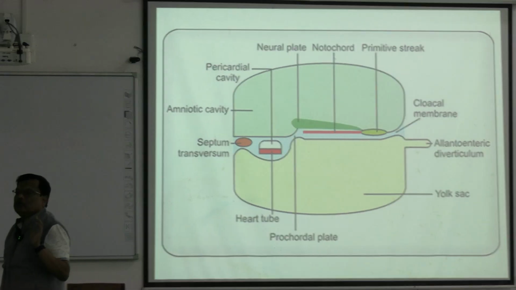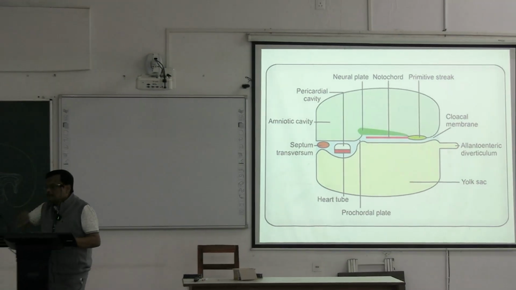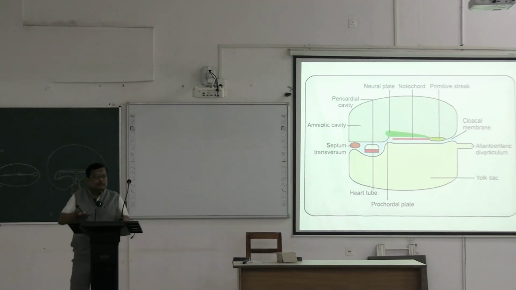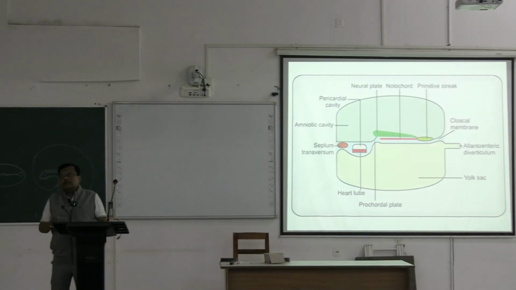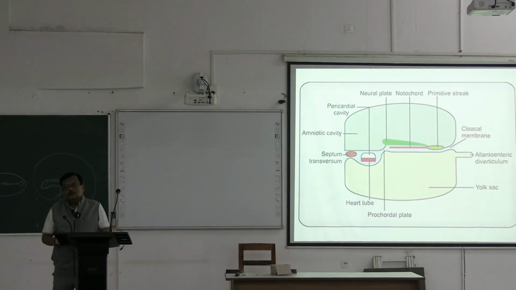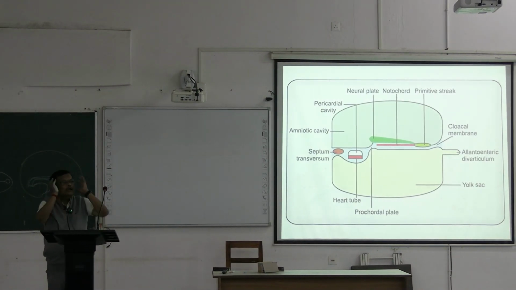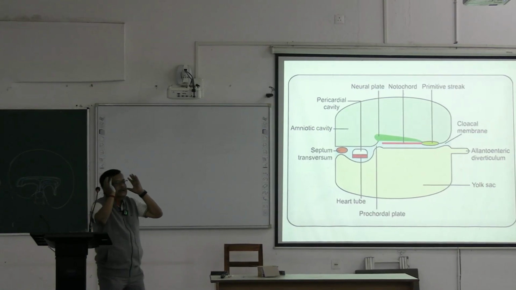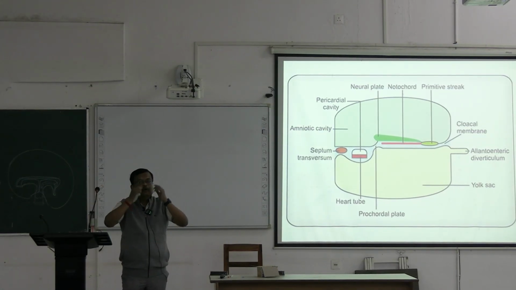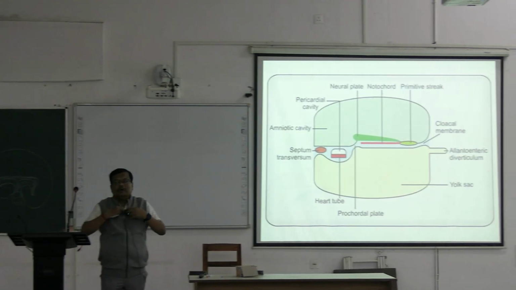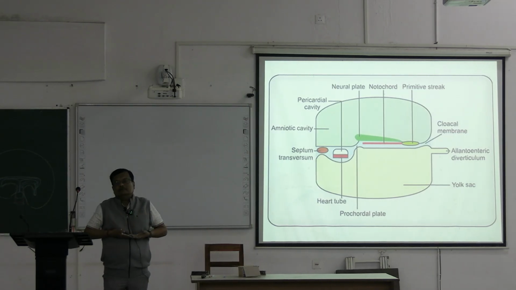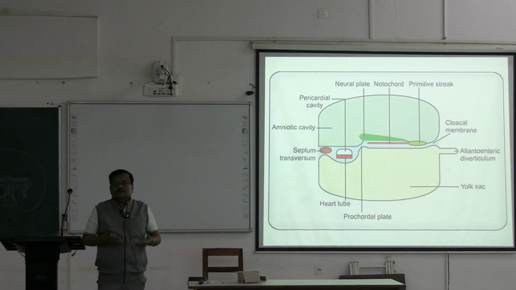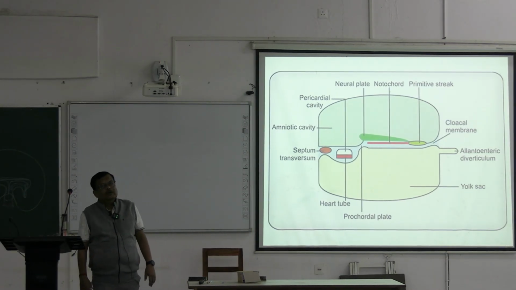So this is the head fold which makes the septum transversum go caudally, pericardium followed by the pericardial cavity. So when we are born, head is the most cranial, brain is the most cranial part, followed by the mouth, followed by the heart, followed by the liver, and this occurs due to head fold.